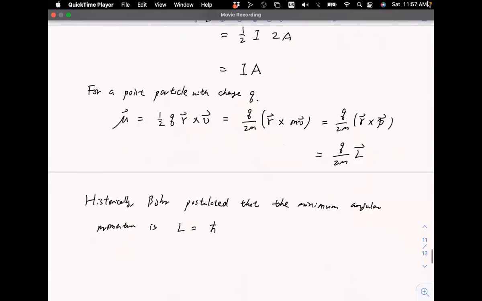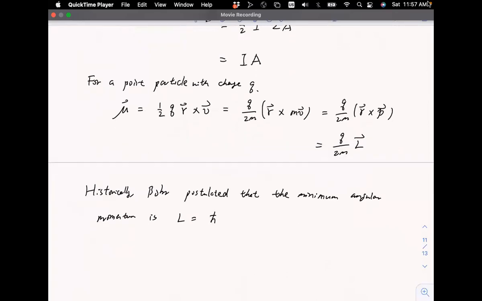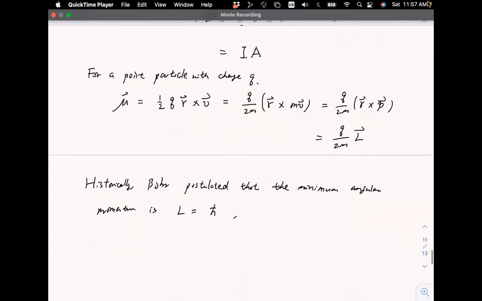That means the magnetic moment will have a minimum value, the quantum of magnetic moment.